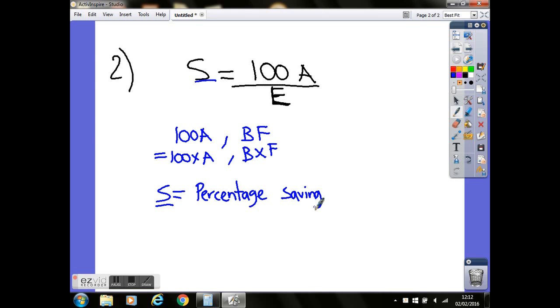Okay, and then A, your next unknown, is equal to amount saved in pounds. So write that underneath.